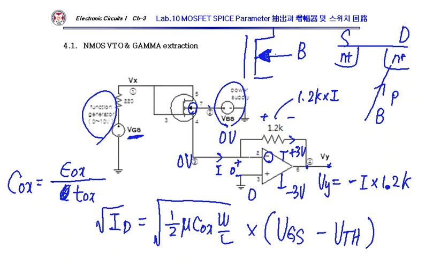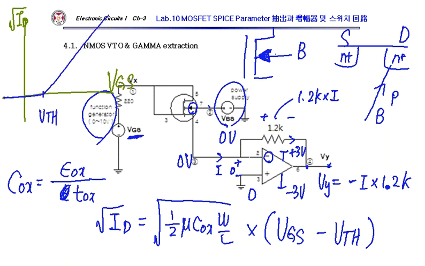Okay. If you plot the square root of ID versus VGS, we expect something like that. However, you will see something like that in real measurement.